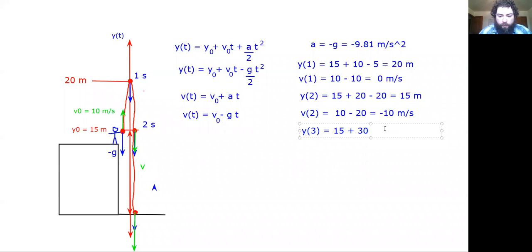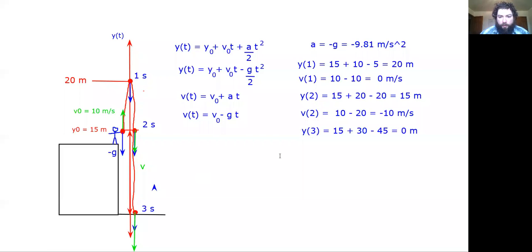Okay, so then it's negative 5 times 9, which is 45. Okay, so 45 minus 30 is 15. Negative 15 plus 15 is 0 meters. So that's when it's going to hit the ground, at 3 seconds, and we can go ahead and label that right there.